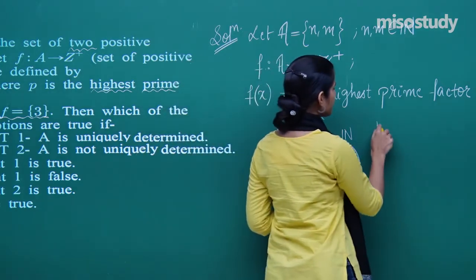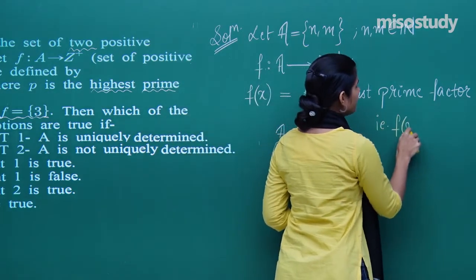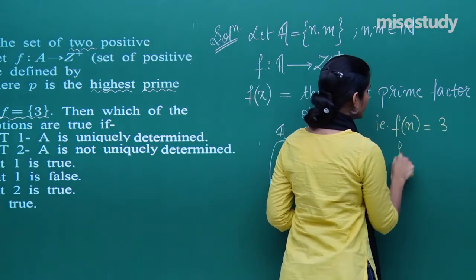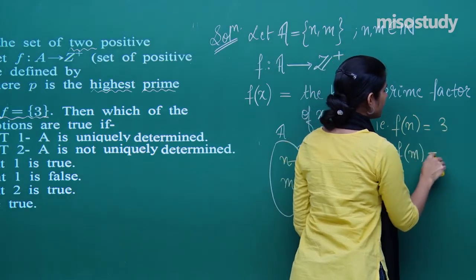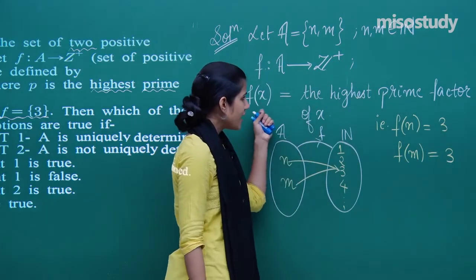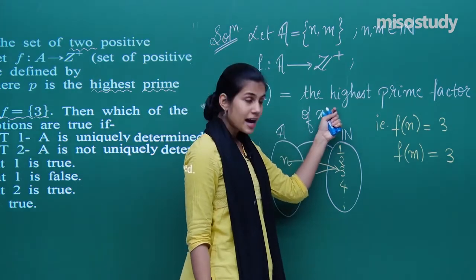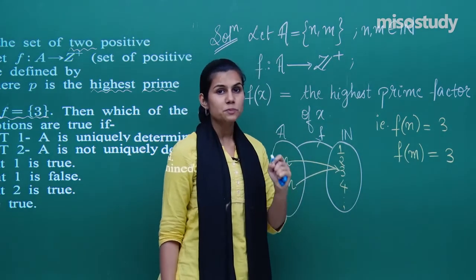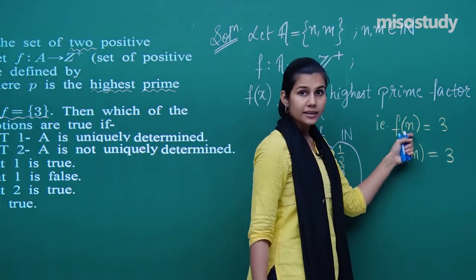That means f of n is 3 and f of m is also 3. But f of x is 3 implies 3 is the highest prime factor of n.